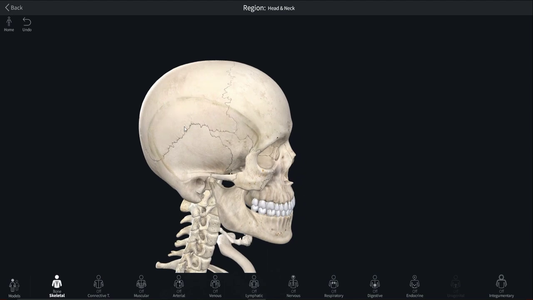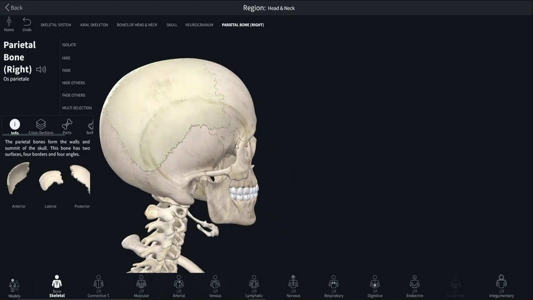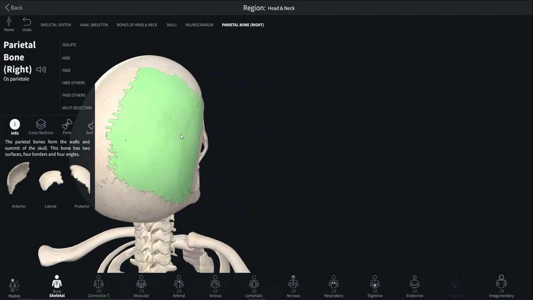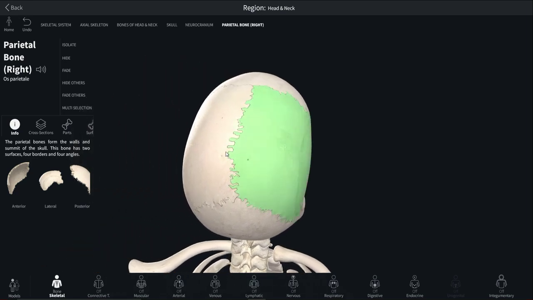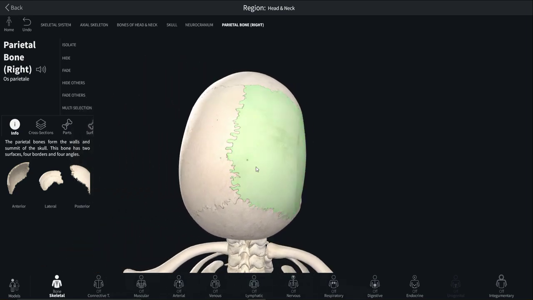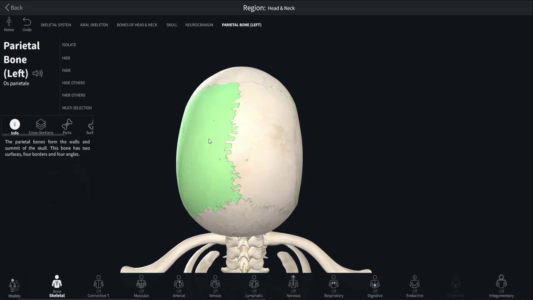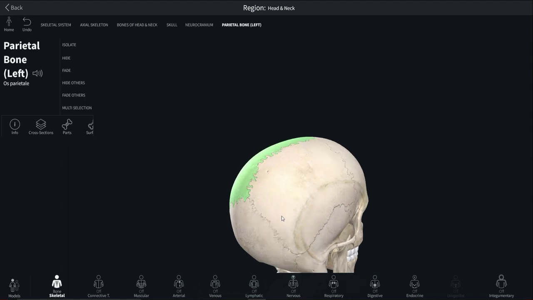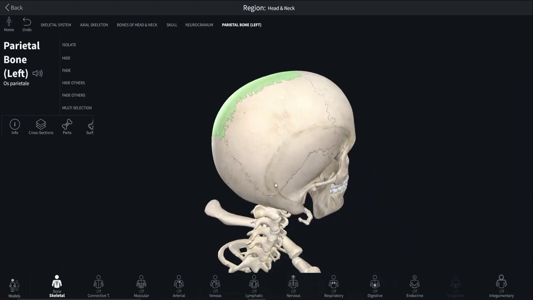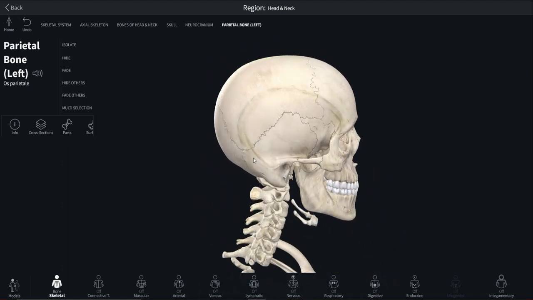This is the parietal bone, and this is our parietal bone. Why? Because parietal bones are paired bones. This is the right parietal bone and this is the left parietal bone. So here we face the first problem in cranial anatomy, that is side determination.